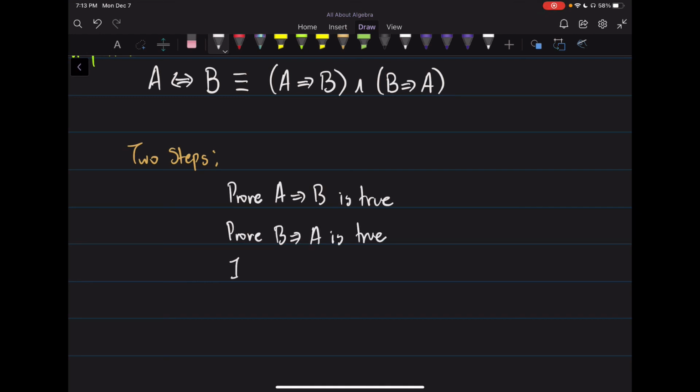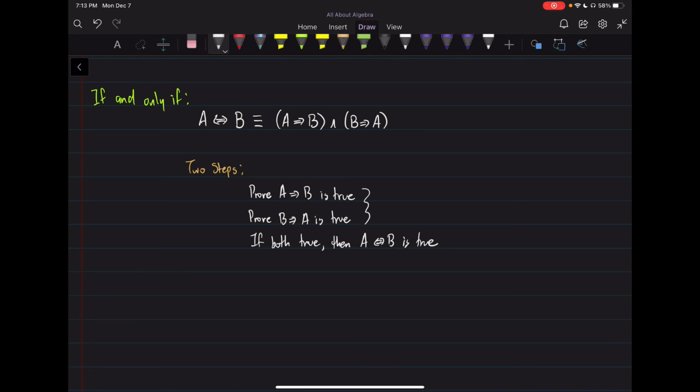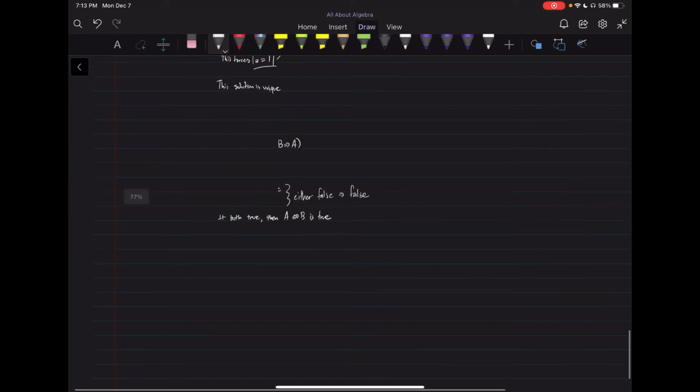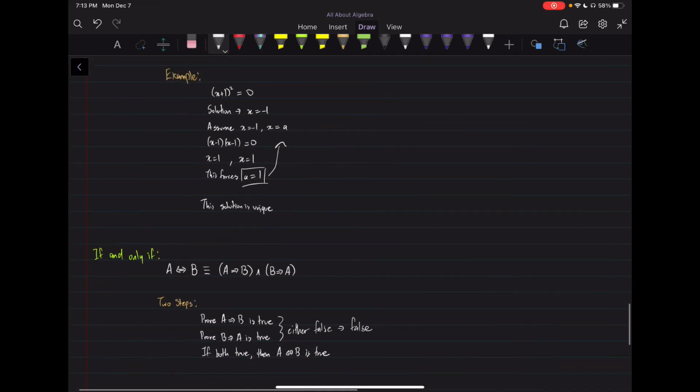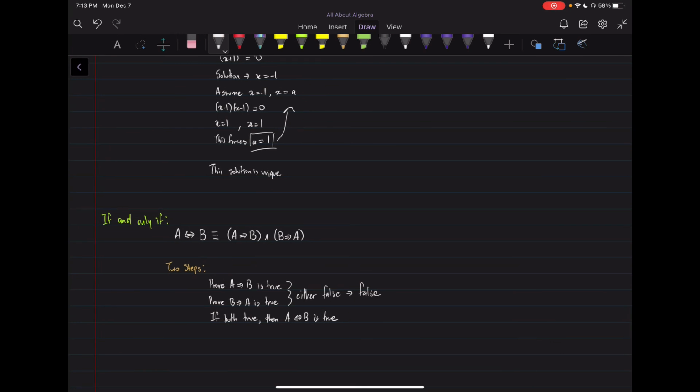If both are true, then A if and only if B is true. If either is false, then false. So both of them must be true.